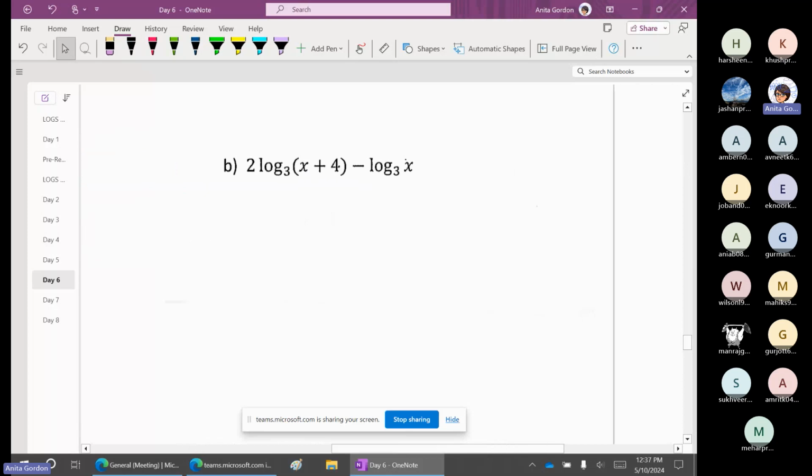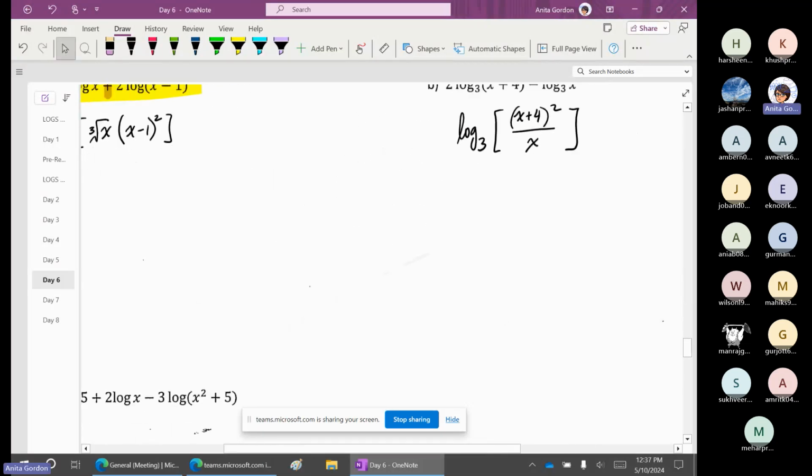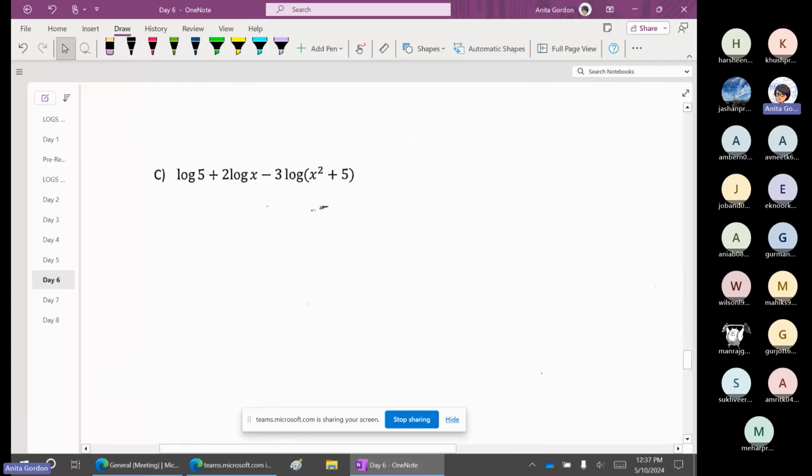Okay, let's do B. Following the same process, log base 3, you tell me. x plus 4 squared over x. Lovely. Okay. Uno más. What else can we do here? Where is x squared?